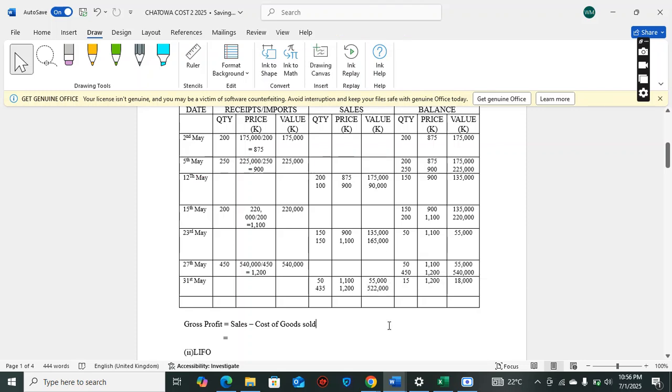So let me also calculate on my side so that we make sure all figures will get the same figures. 1,142,000.